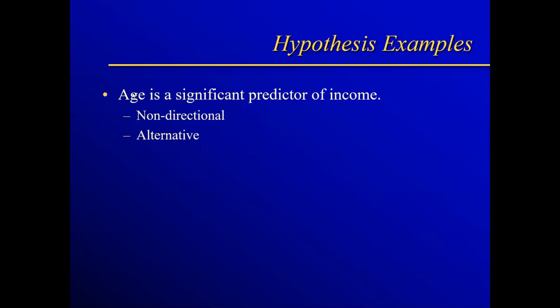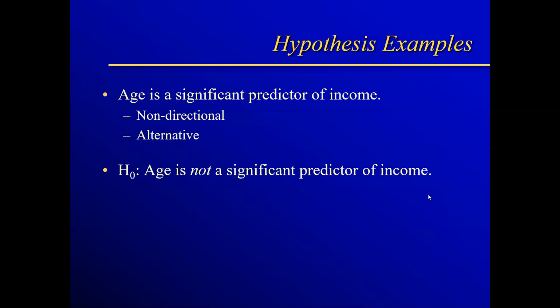So if on a test I were to give you this alternative hypothesis, age is a significant predictor of income, can somebody unmute themselves and tell me what would the null hypothesis be? Age is not a significant predictor of income? Perfect. Super simple. Age is not a significant predictor of income.